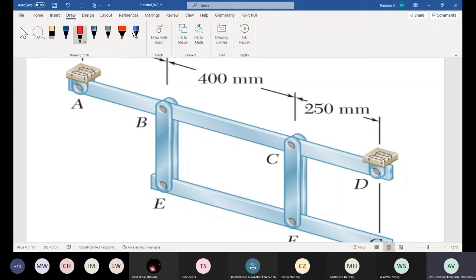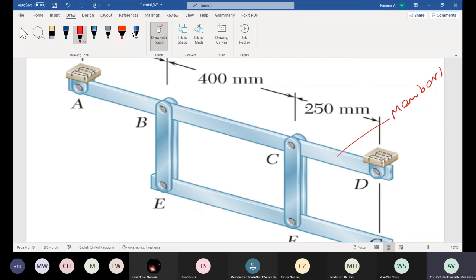Start from here. This is member 1, and this is member 2.